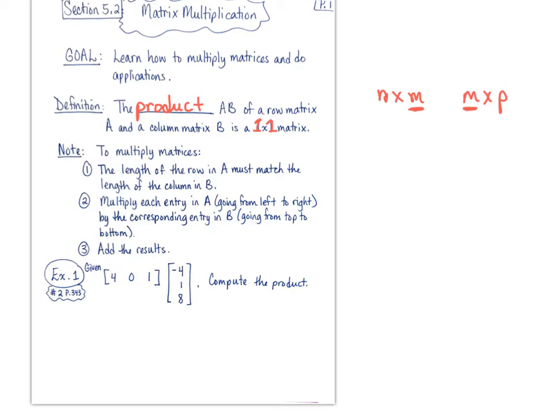That's what that's saying. Here, after we do that, multiply each entry in A, going from left to right, by the corresponding entry in B, going from top to bottom. And then we'll add the results.